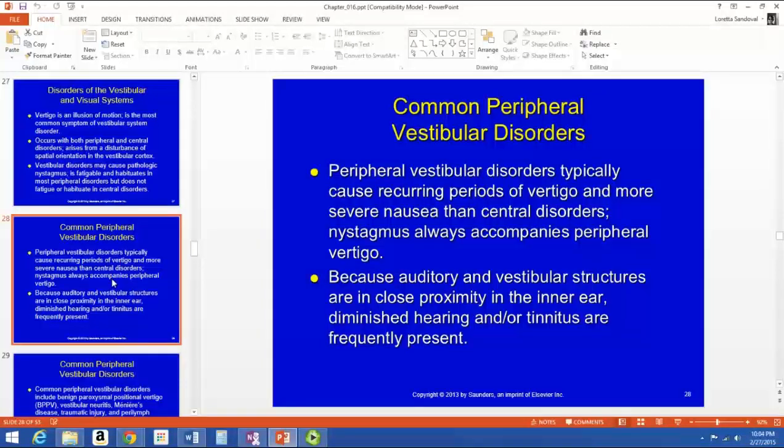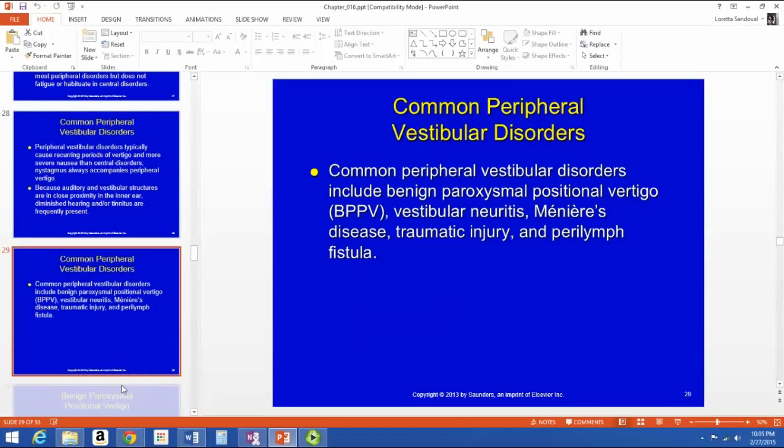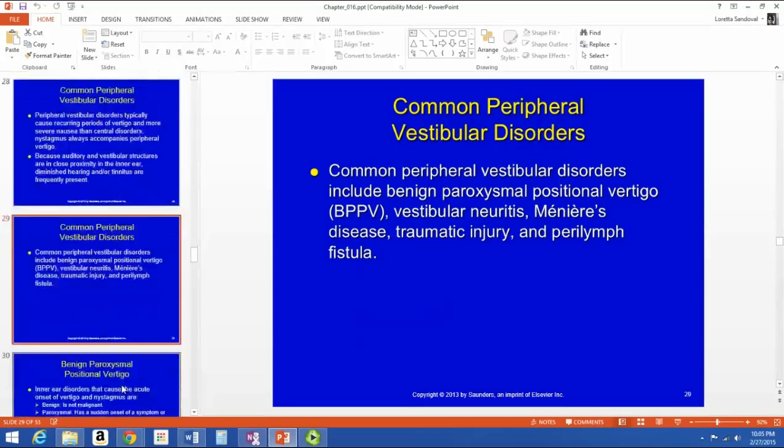But because auditory and vestibular structures are in close proximity to the inner ear, you often get, with peripheral disorders, diminished hearing or tinnitus, which is the ringing in the ears. So often those are symptoms associated with the peripheral vestibular disorders. The ones that you see most commonly are BPPV, benign paroxysmal positional vertigo.